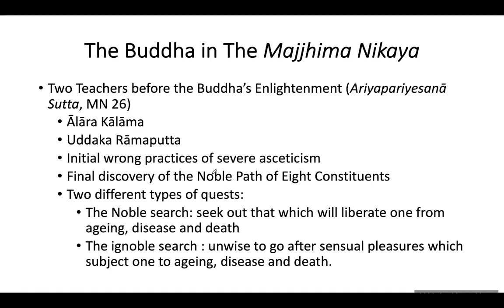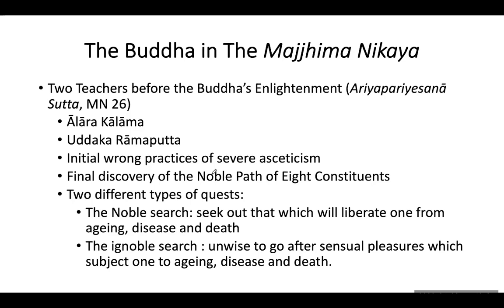Eventually, he left these two teachers. He practiced by himself. Finally, he discovered the Noble Eightfold Path. In this Ariyapariyesana Sutta, the Buddha stressed two different types of search. He explained it was extremely unwise to go after sensual pleasure, which subjects one to aging, disease, and death.